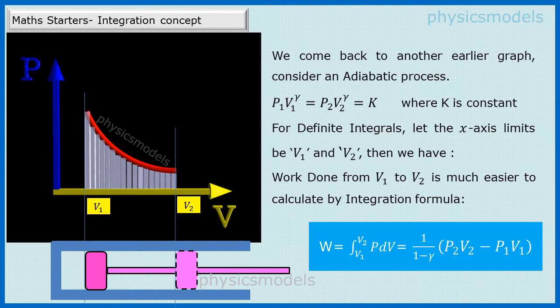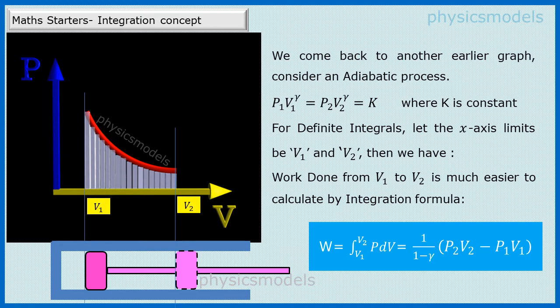The easier way would be to get hold of the relationship between P and V and then perform an integration using the formulae. This graph is defined by the relationship PV to the power gamma is constant. So at any given point on this curve, you have P1 V1 to the power gamma, and at another point of the curve you have P2 V2 to the power gamma.